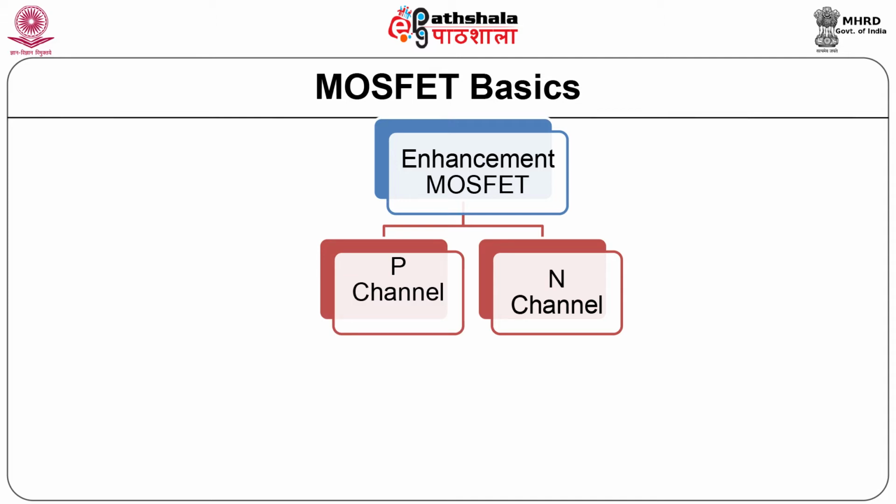N channel devices are more popular than P channel devices because of their higher speed. The basic principle of operation of P channel and N channel MOSFETs is the same. P channel MOSFETs are considered obsolete for individual devices, but are used in complementary MOS, that is CMOS technology.